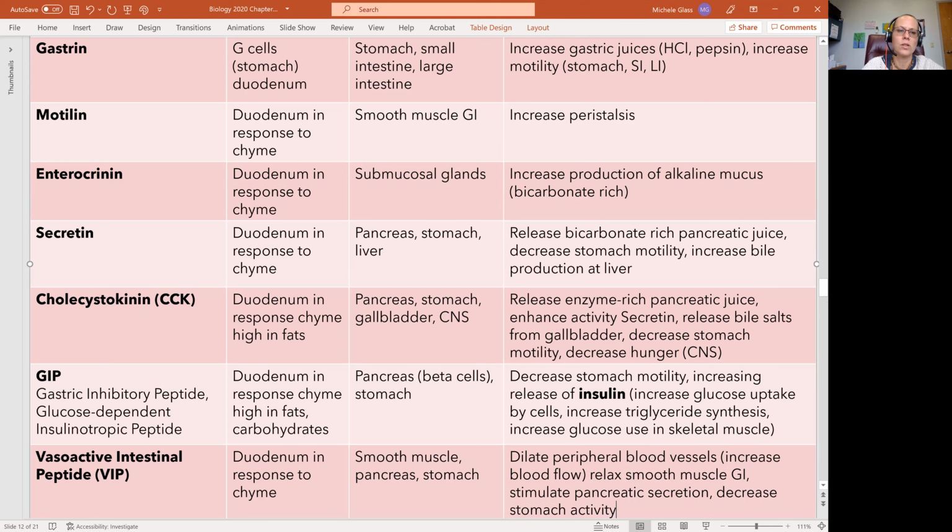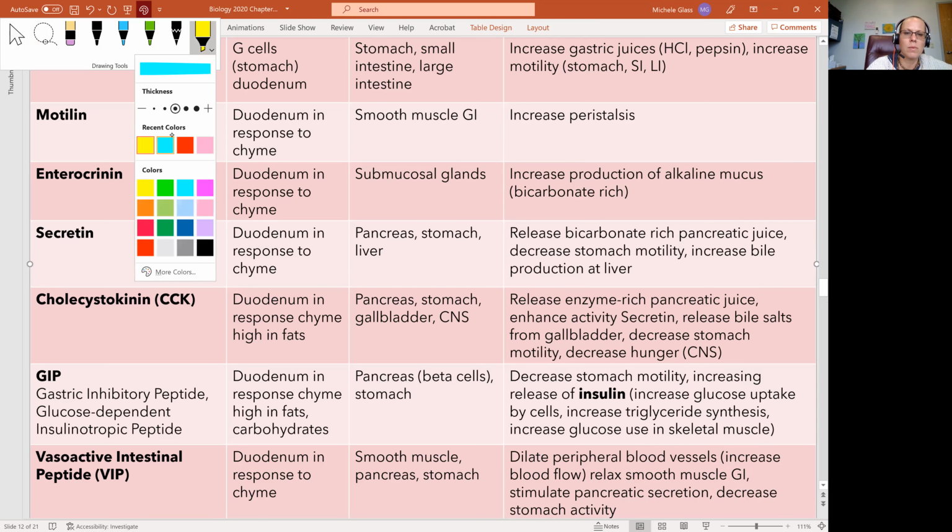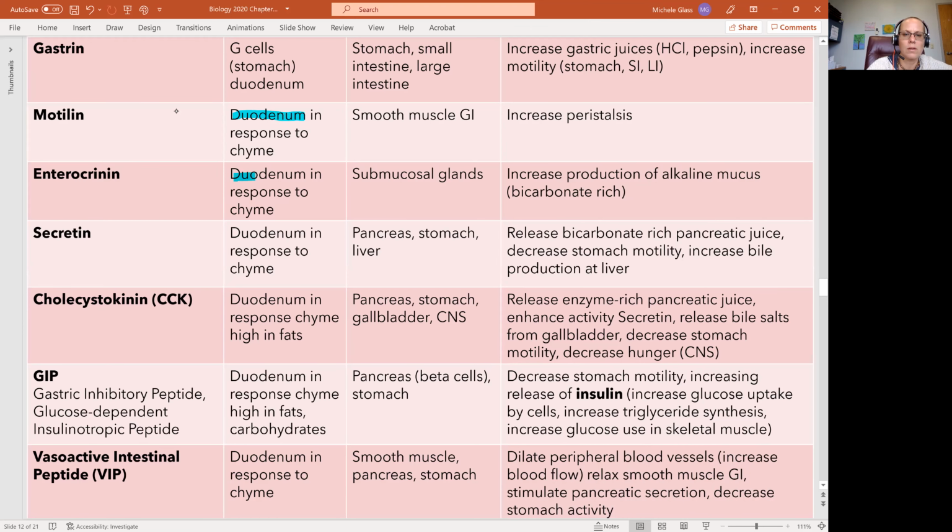All right, y'all, let's do a couple things. One thing is, let's identify all of these as being about our duodenum. It's only our gastrin that was duodenum and stomach. So the rest of these you can think about like, oh, these are coming from the duodenum.